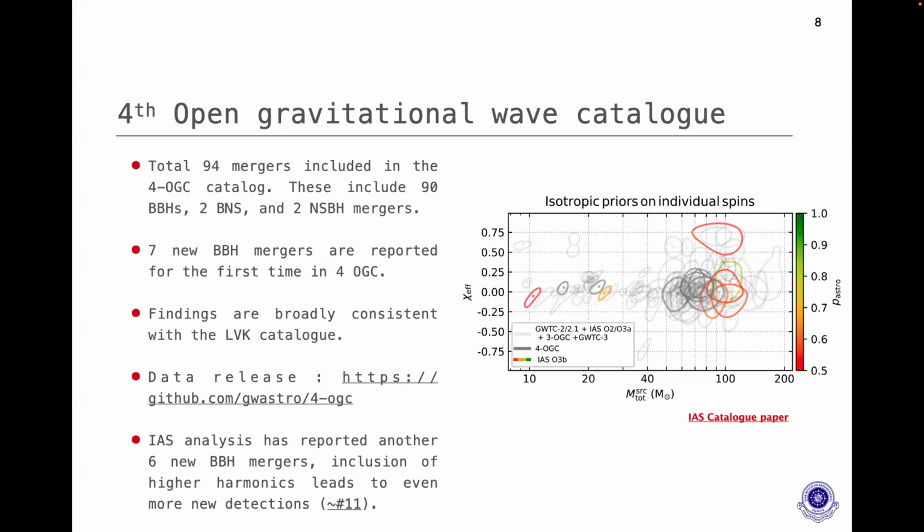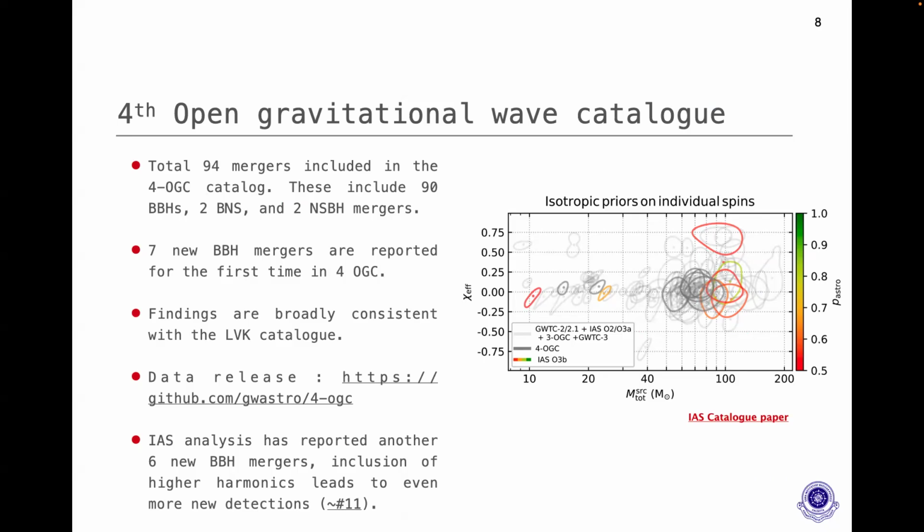But the broader findings were more or less similar. You can find the data release for this Open Gravitational Wave Catalog in this GitHub link. You can go and check, and you can even use the library which they use for search and parameter estimation, so you can do it yourself with open data.